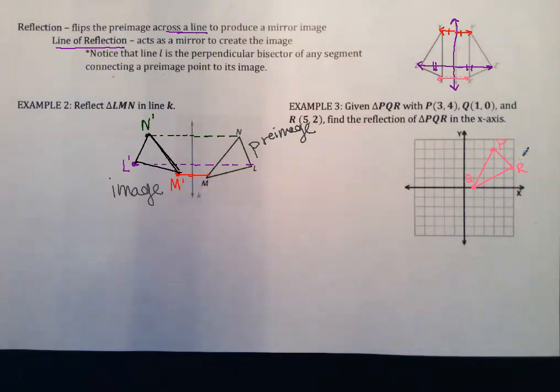And cheese? All right, where are we reflecting it? In what axis? X. In the x, okay? So we want to reflect it across this x-axis, which means we want to know how far is it from, like R. How far is R from the x-axis? R is 2 up.